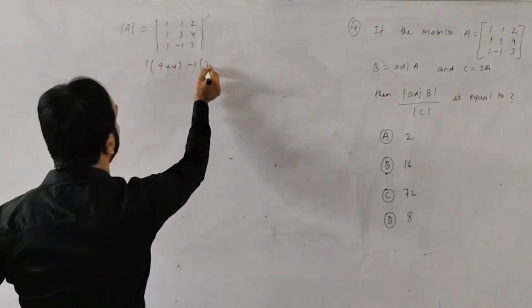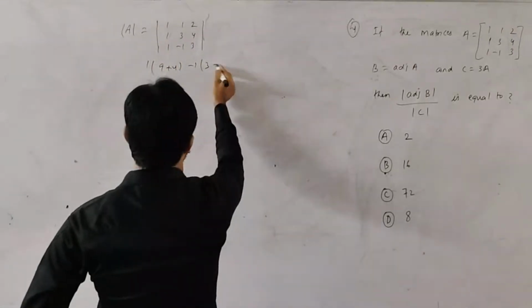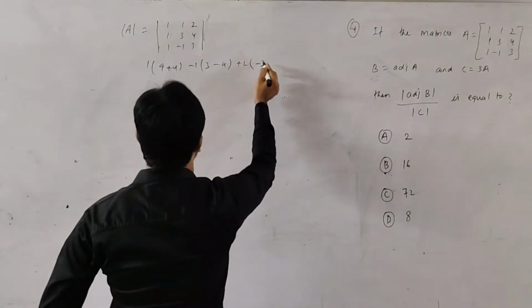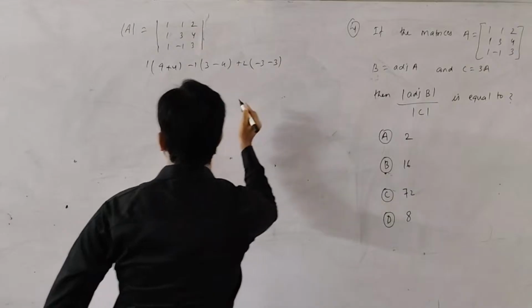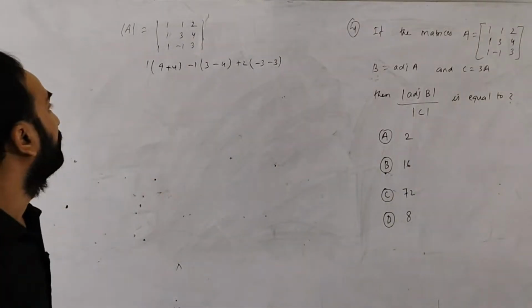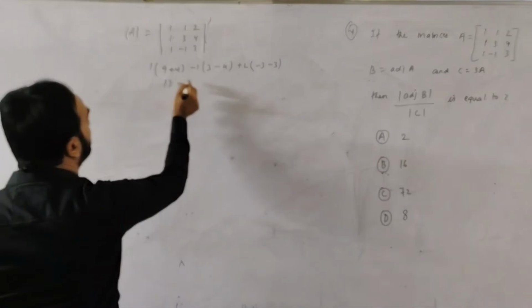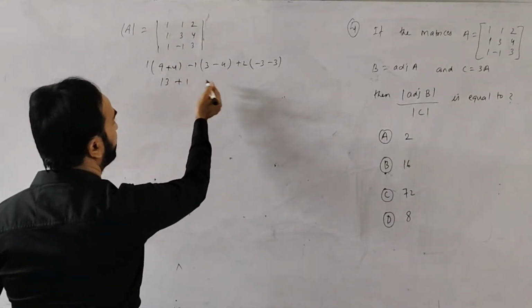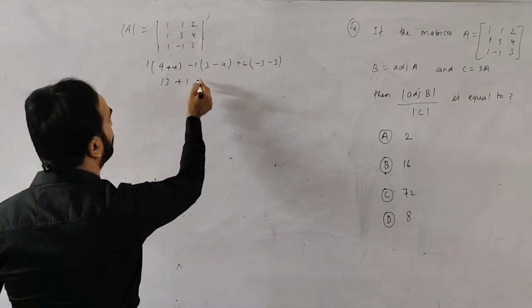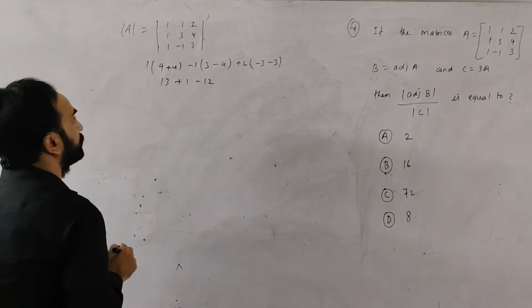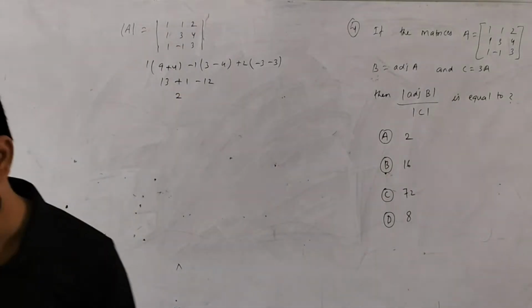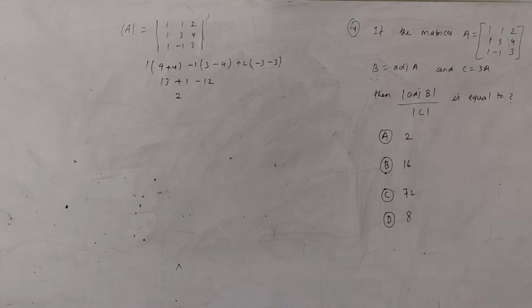Minus 1 into 3 minus 4, and this is plus 2 into minus 1 minus 3, that is minus 4. Correct? How much is this coming? 9 plus 4, 13, minus 3 minus 4, minus 1, this will become plus 1, and minus 6 and 2, minus 12. Right? So I think it will come 14 minus 12, that is 2. Det of A is coming to 2. Is it?